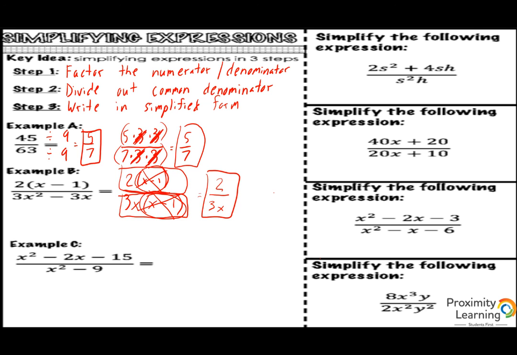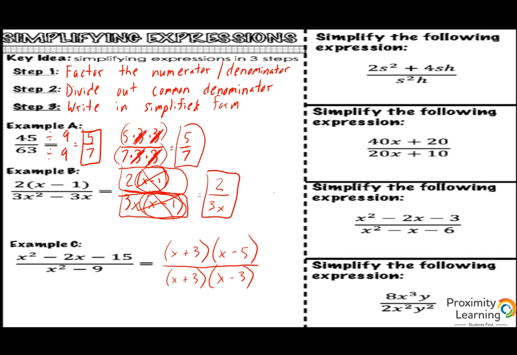So x squared minus 2x minus 15. The factors for it are x plus 3 times x minus 5, all over, and then the two factors for x squared minus 9 are x plus 3 and x minus 3.